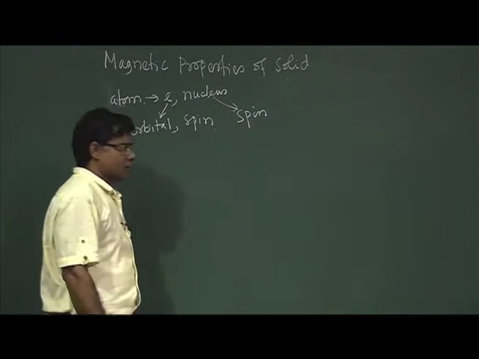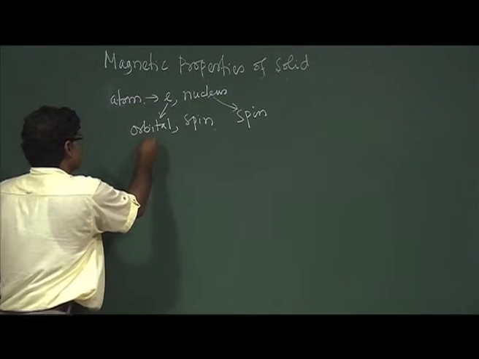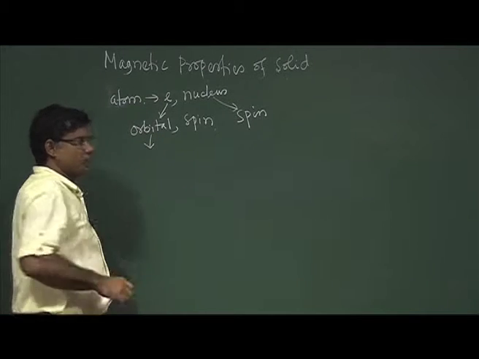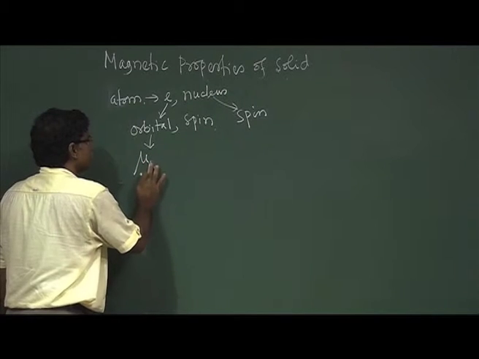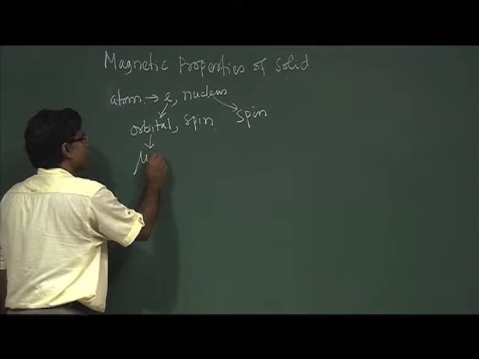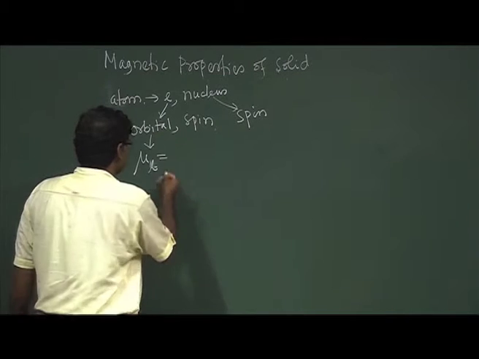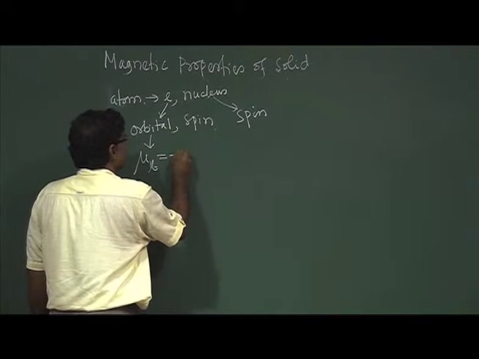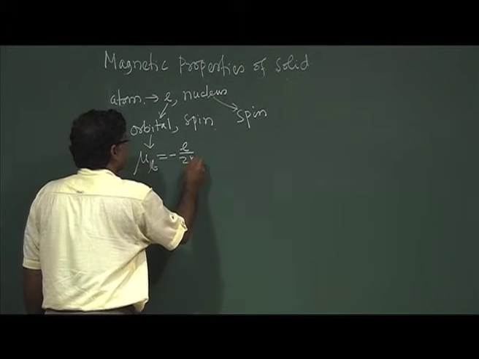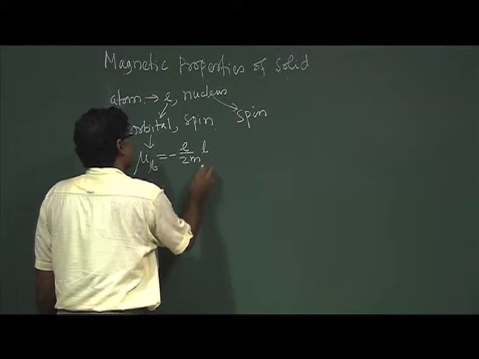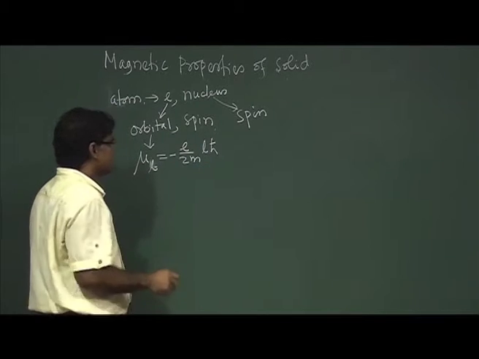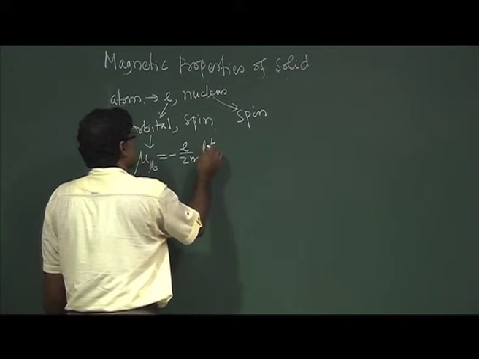We have seen that due to orbital motion we have mu L, that is minus e by 2m into L, with L equal to l h cross.